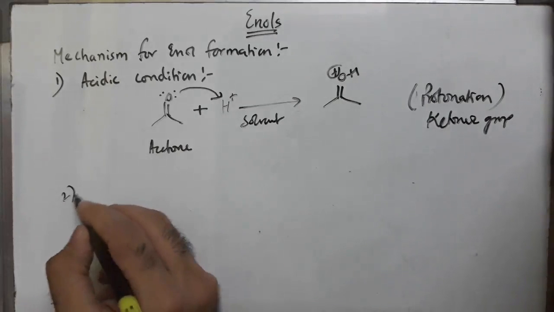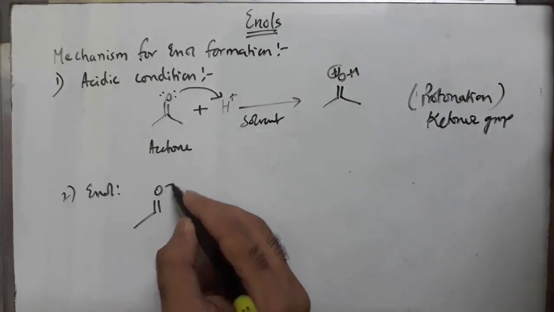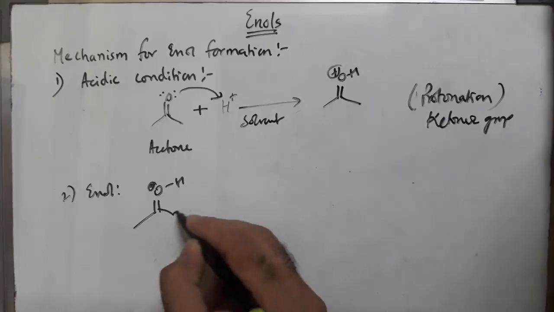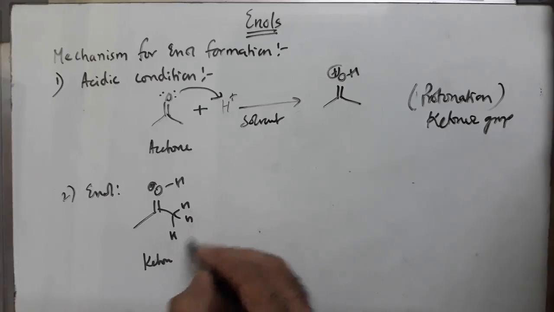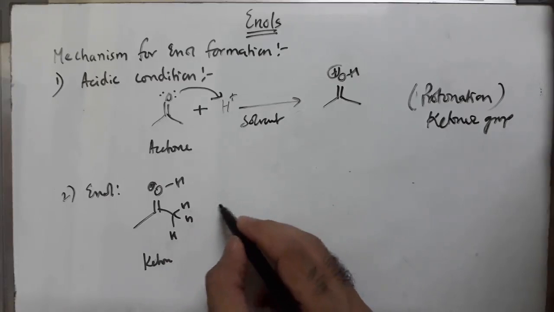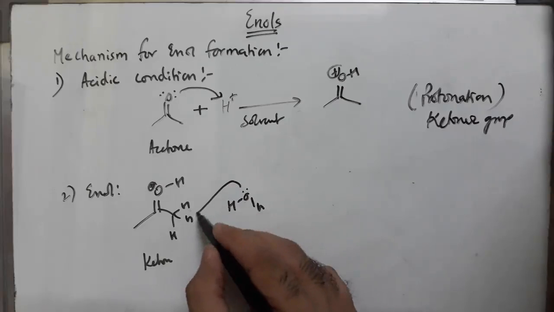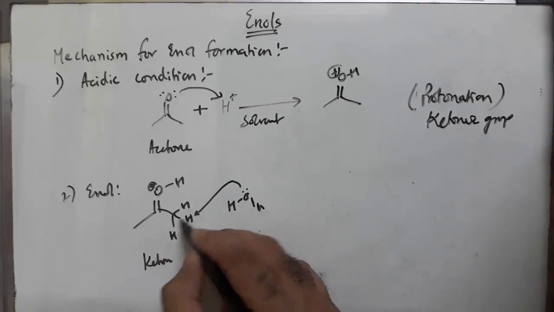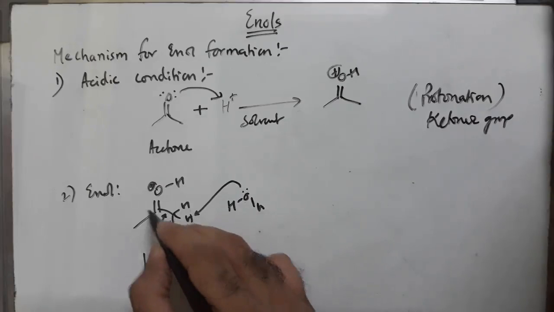After this, the formation of enol, how it is formed, because now this is your positively charged ketone. Now if you have a solvent like water, this will take one of the protons here, as this is an acidic proton, and this bond pair will shift here and this will shift here.